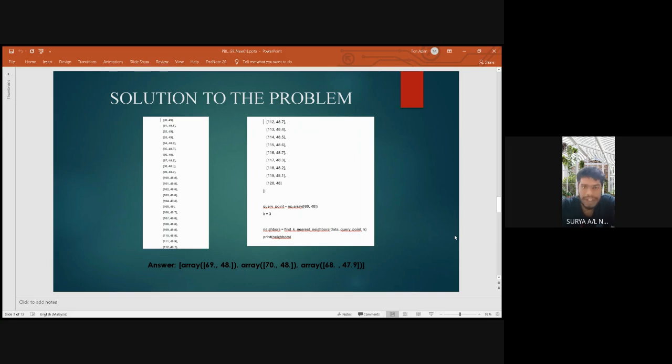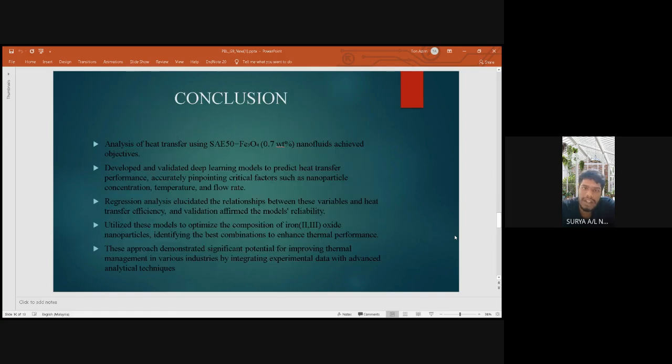So I chose the number 3, and the answers come as 6948, 7048, and 6847.9, which is clearly close to the number that I have listed down, and therefore the program has given the two nearest neighbors, which are 7048 and 6847.9. Next I will pass it down to the conclusion.